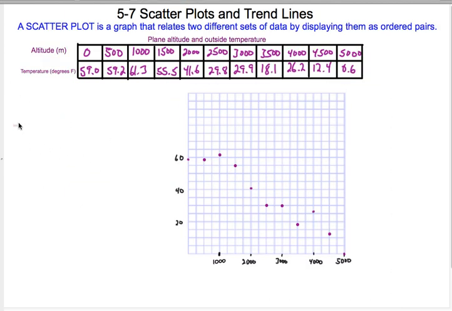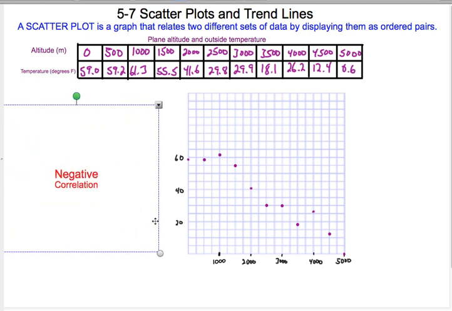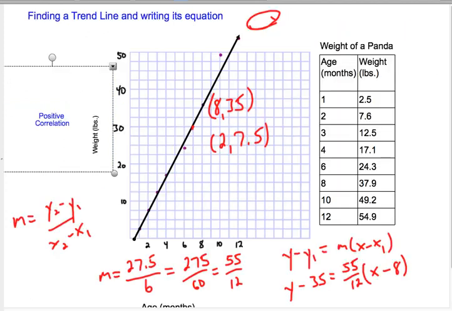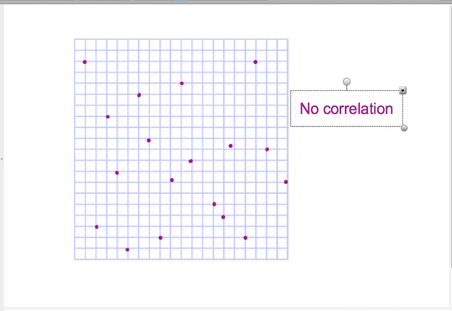This graph we did first here has a negative correlation because as the altitude increases, the temperature decreases. Okay, so when it looks like that, that's negative. Positive, no correlation whatsoever.